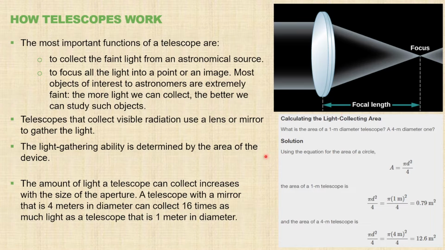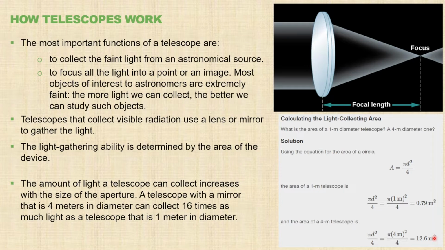For example, if a lens has 1 meter diameter versus 4 meter diameter, to calculate the total light collecting area, it's simply the area of a circle, pi r squared, pi times radius squared, where the radius is half the diameter. Put in that formula, the 1 meter telescope has 0.79 square meters, and the 4 meter telescope gives 12.6 square meters.